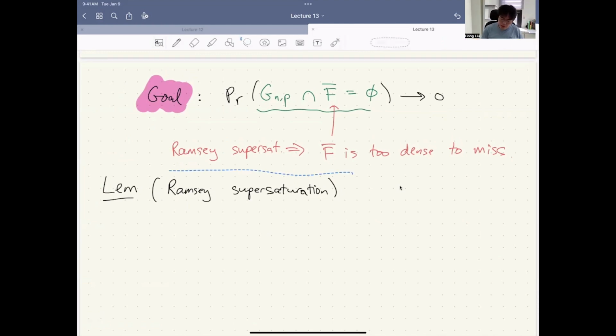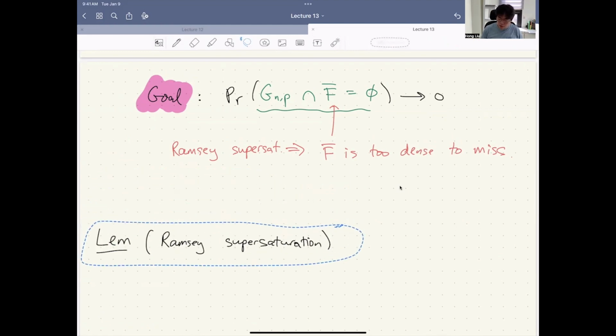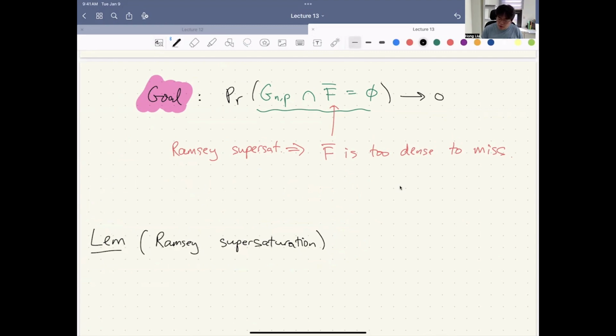Ramsey supersaturation says, okay, let me simplify this one more step. What's this probability? This probability equals, this is at most this probability.